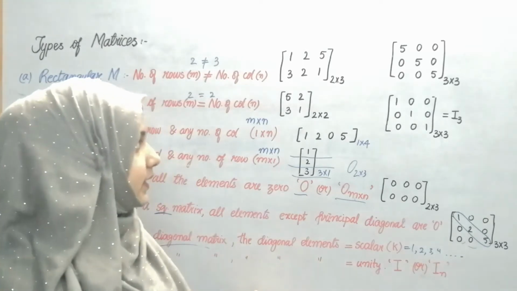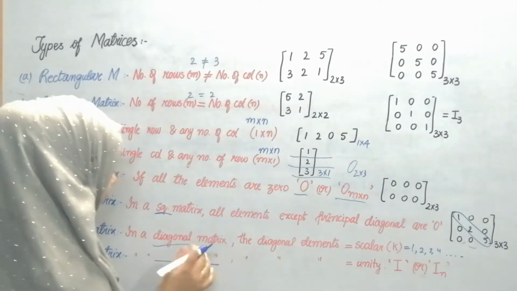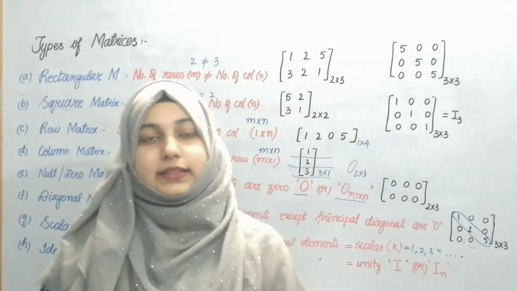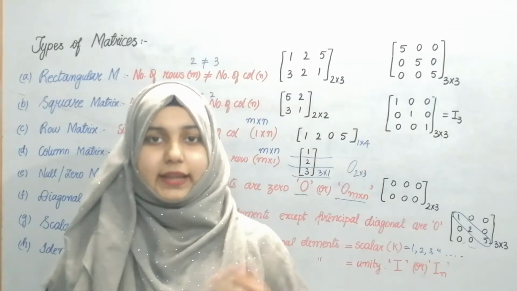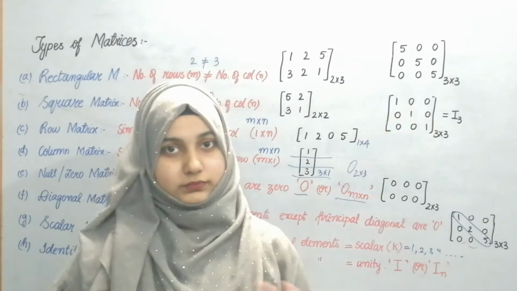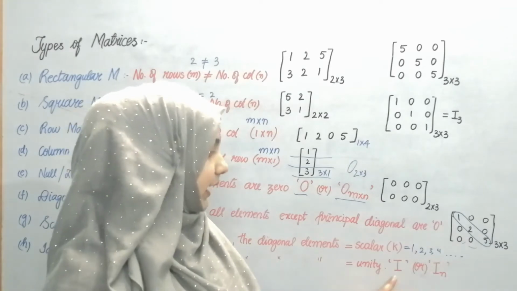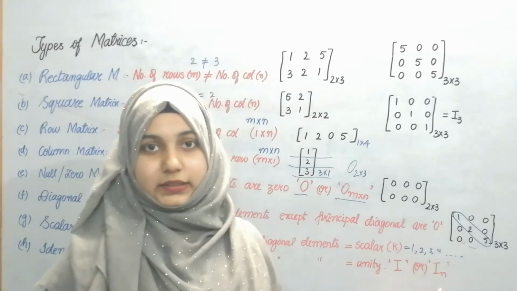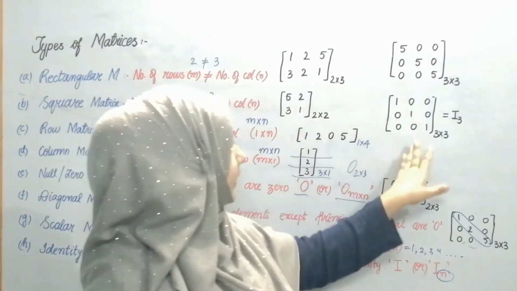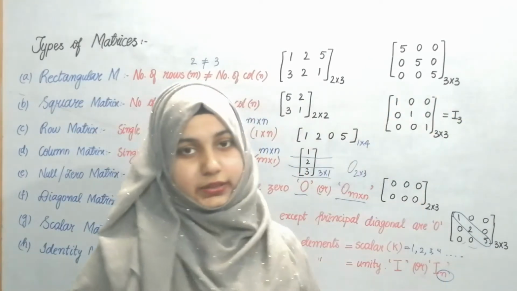In a diagonal matrix we are specifying a condition again: all the diagonal elements should be 1, and the rest of the elements, obviously, will be 0 because it's a diagonal matrix. I'll represent it either with I or In, where n is nothing but the order of the matrix. It's a 3 by 3 matrix, so I'll write I3.